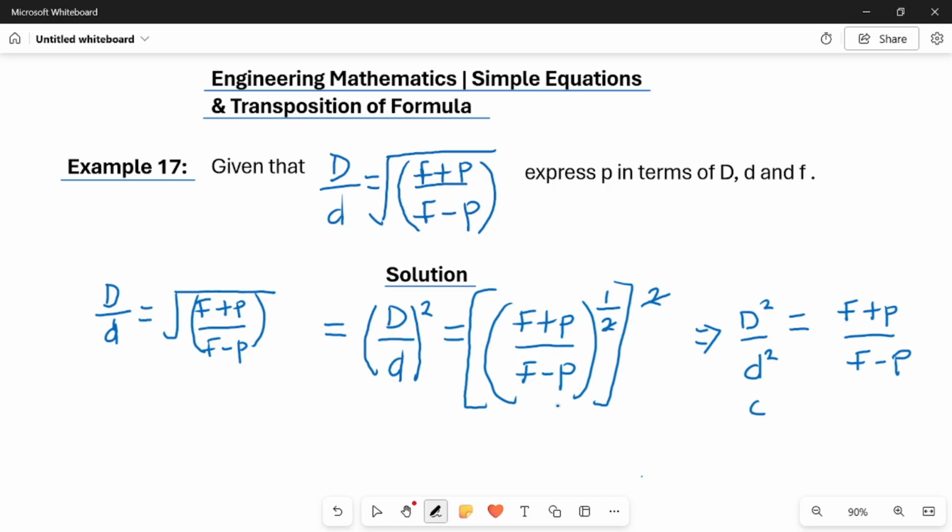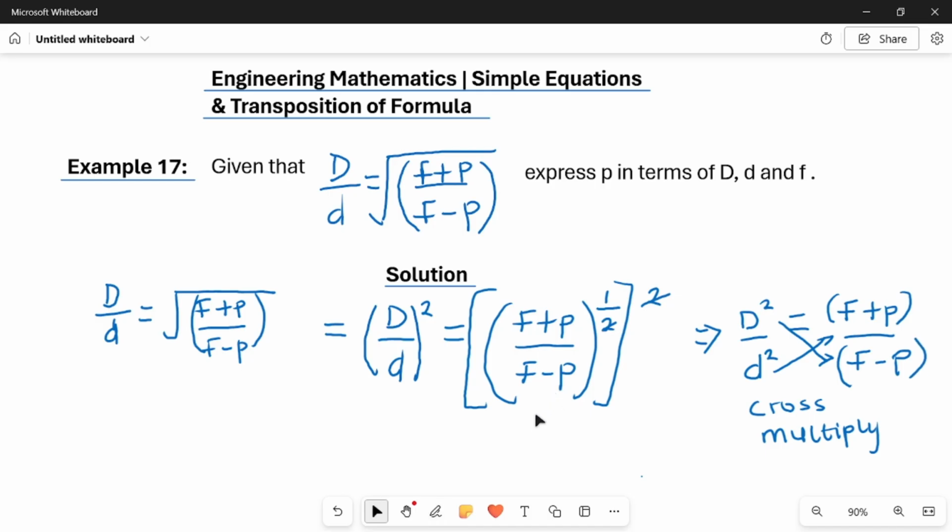The next thing we'll do here is to cross multiply. When we cross multiply, this d squared will multiply everything in this bracket, F plus p, and this D squared here will multiply everything in this bracket.